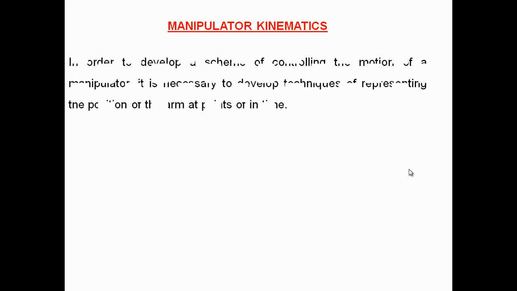Coming to manipulator kinematics. In order to develop a scheme of controlling the motion of a manipulator, it is necessary to develop techniques of representing the position of the arm at points in time.